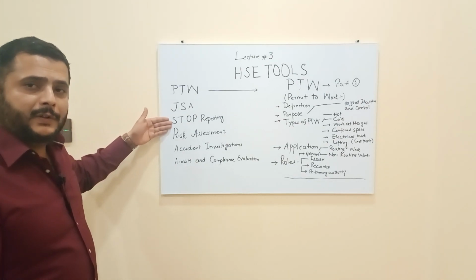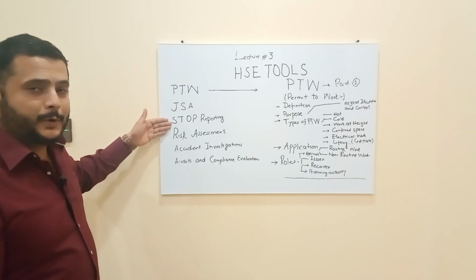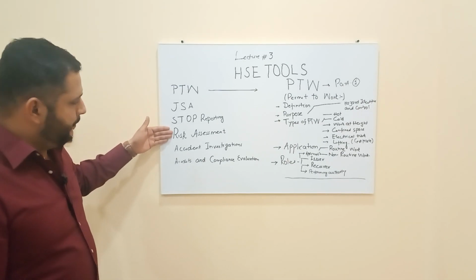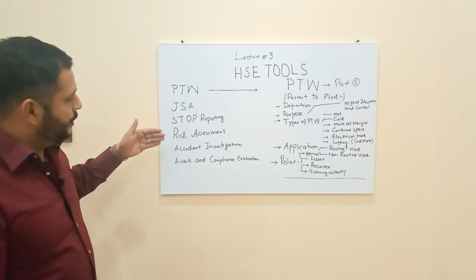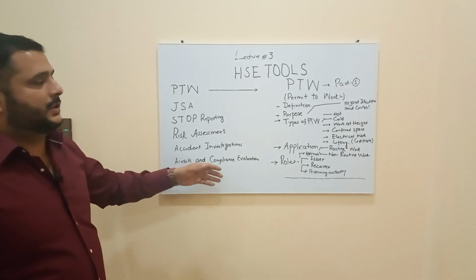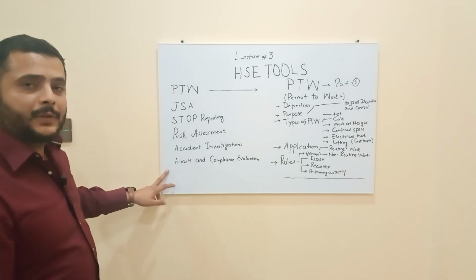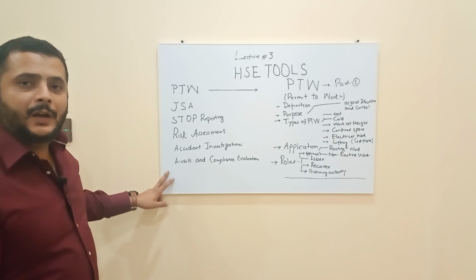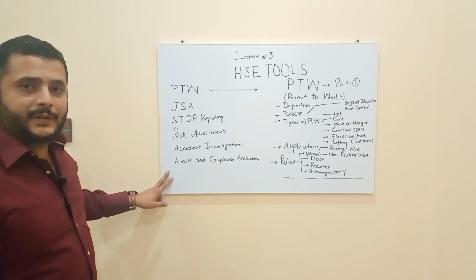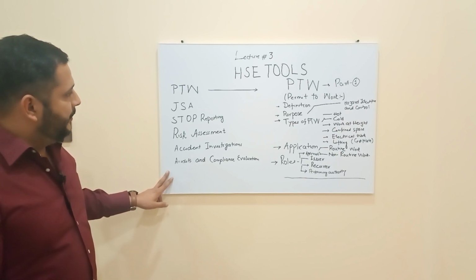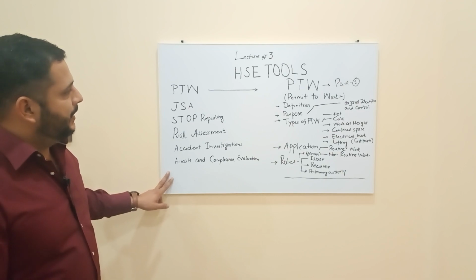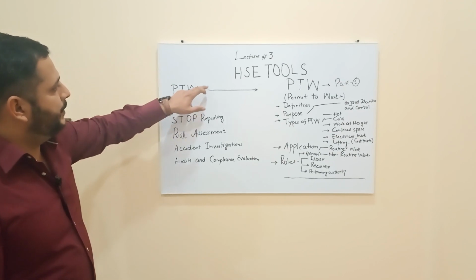Third, in the second lecture I told you about stop reporting, risk assessment, accident investigation, audits, and compliance evaluation. These six steps will help you create a good and safe culture in your organization.